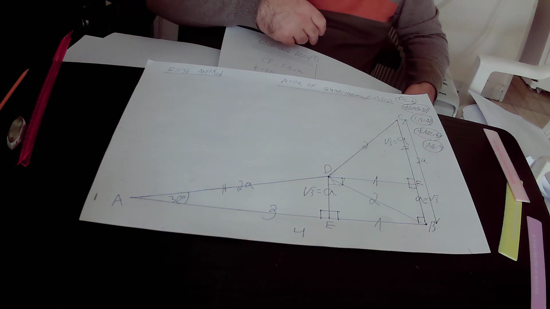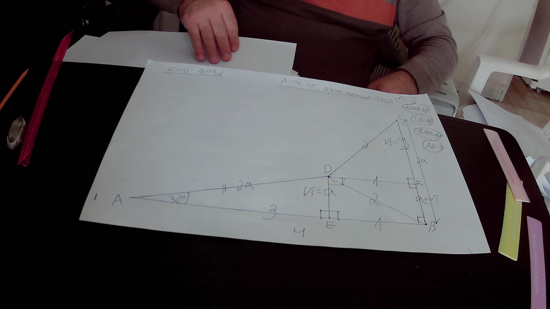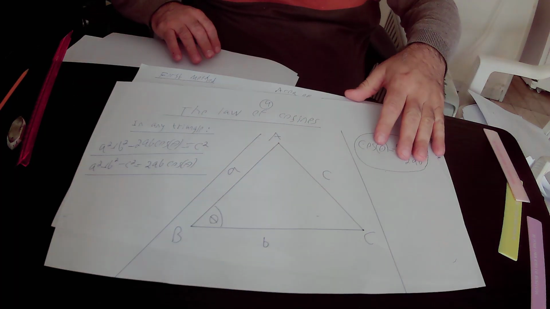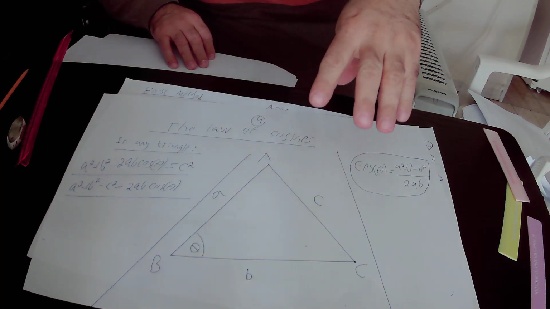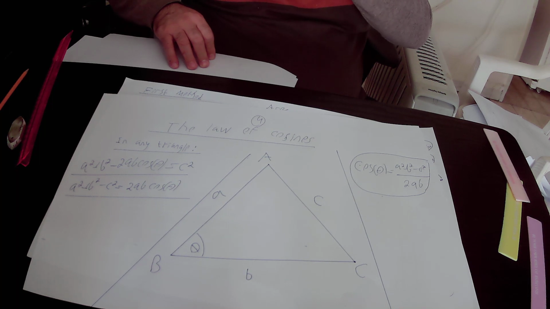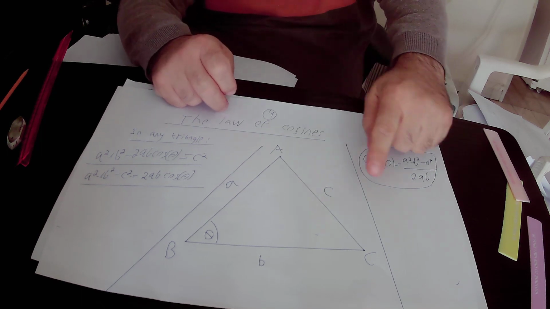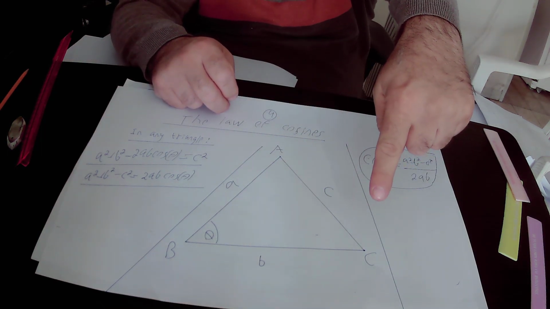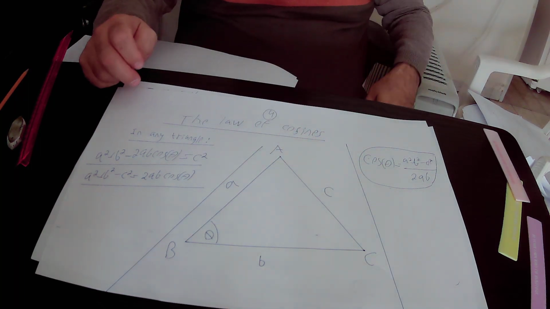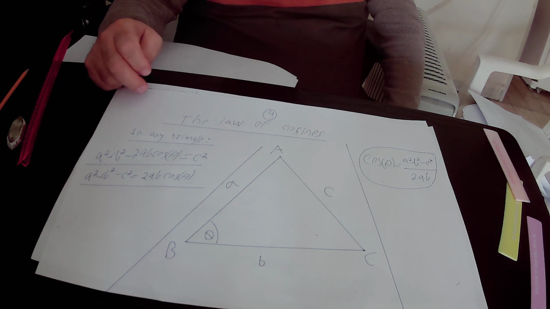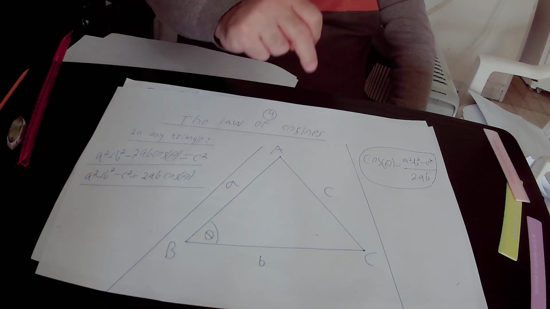Then I present to you a new law, the law of cosines. What is the law of cosines? First of all, the law of cosines is true in any triangle. If we have triangle ABC, which could be any triangle, and the length of AB is A units, the length of AC is C units, the length of BC is B units, and the angle between AB and BC is theta, then according to the law of cosines, A squared plus B squared minus 2 times AB times cosine theta equals C squared.